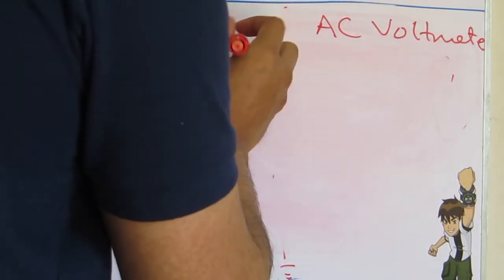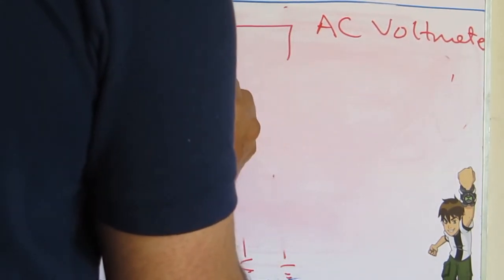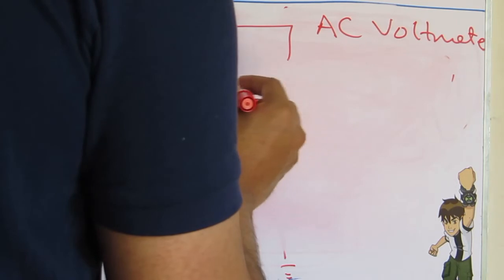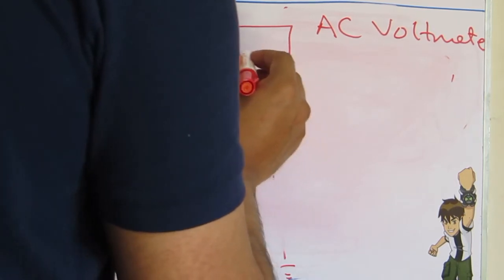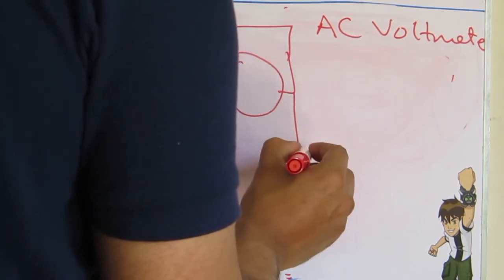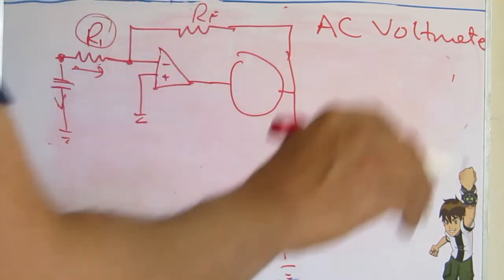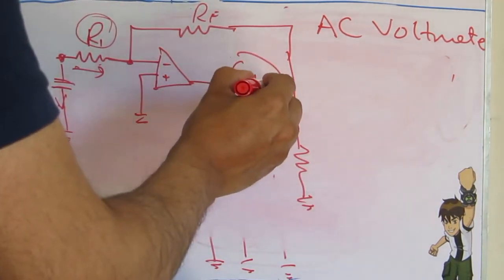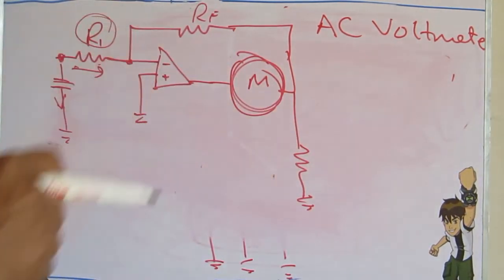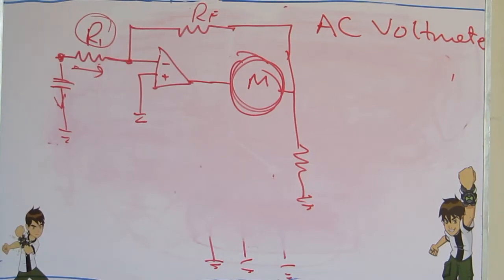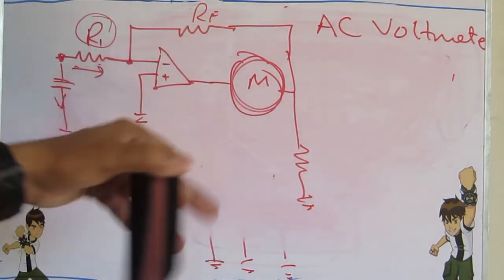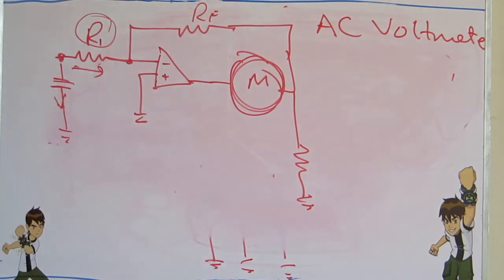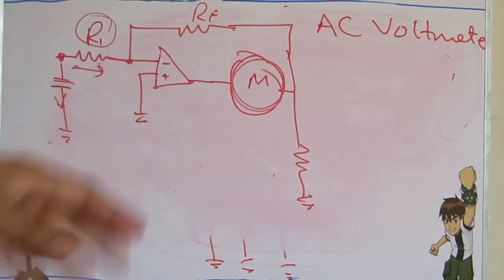In fact, we should say that the voltmeter is now something different. The whole thing remains the same. This voltmeter is now a bit different. In fact, now this galvanometer comes with a sort of built-in rectifier in it. Let me explain that to you.